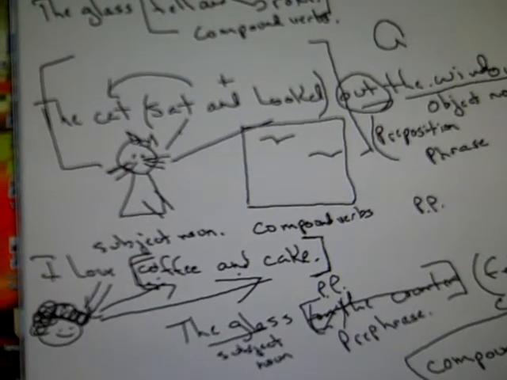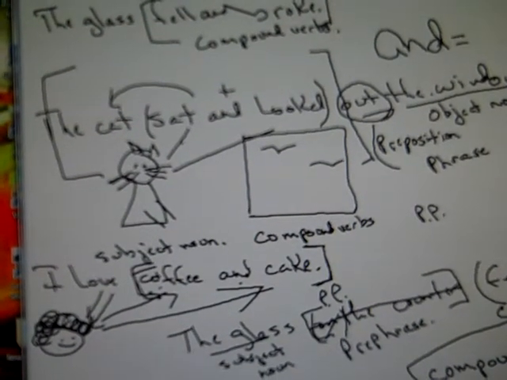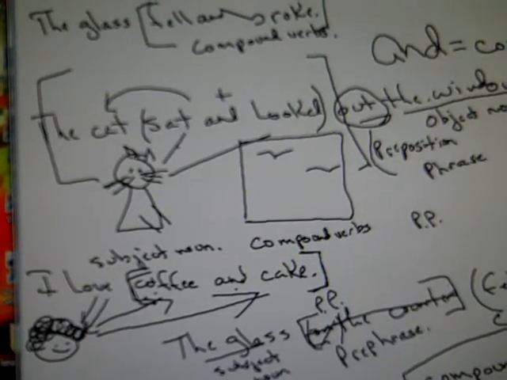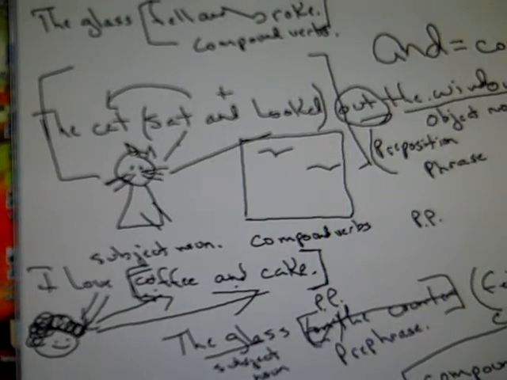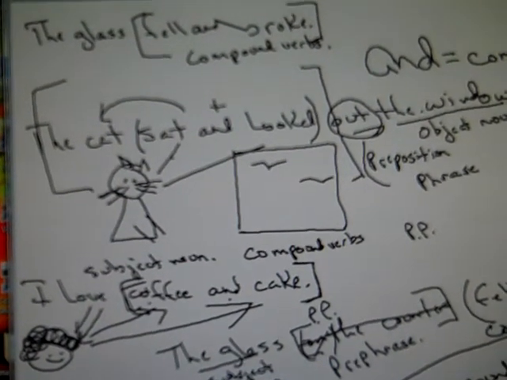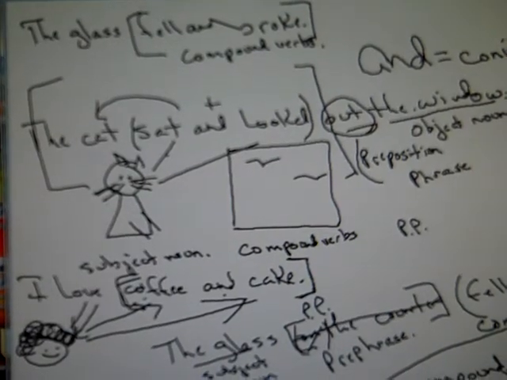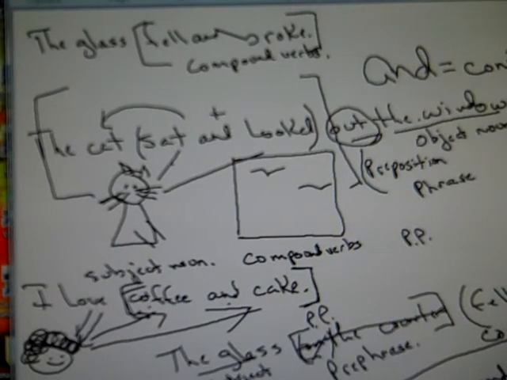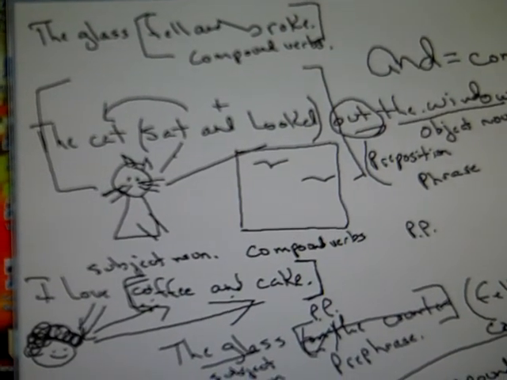And. So and equals a conjunction, which joins two words into one. It marries them together. So we have one and one again.